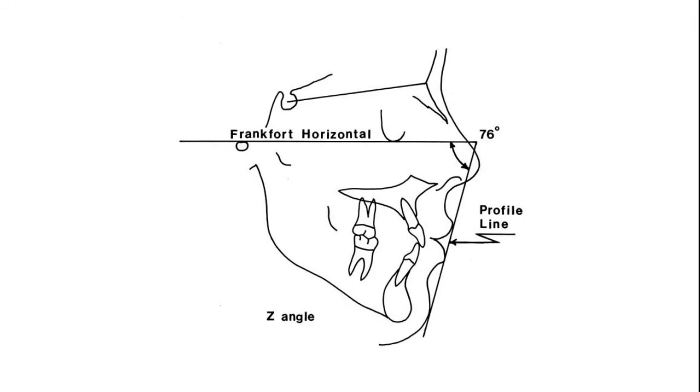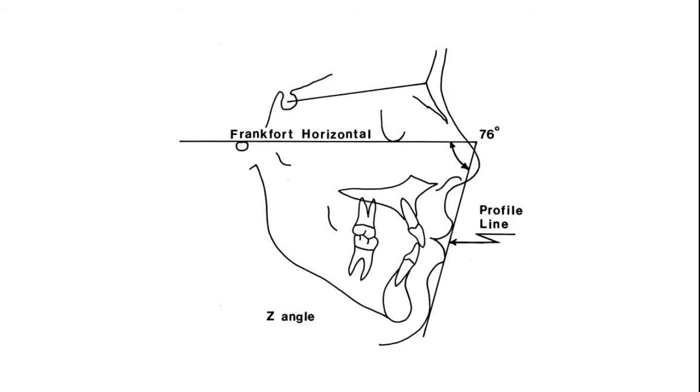The finally introduced plane or line is the Z-line. It is described by the orthodontist Levon Merrifield. The profile line or Z-line is drawn tangent to soft tissue Pogonion and to the most prominent point of either the lower or upper lip, whichever is most prominent.